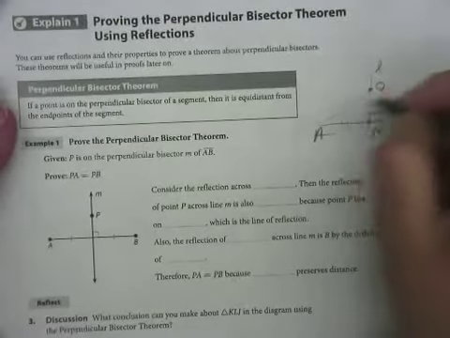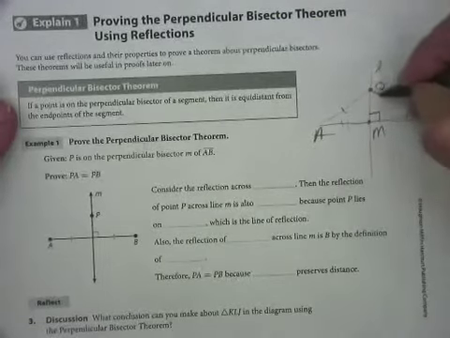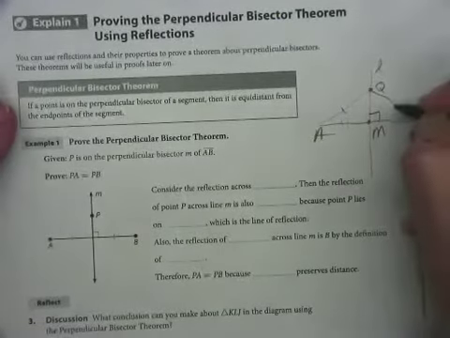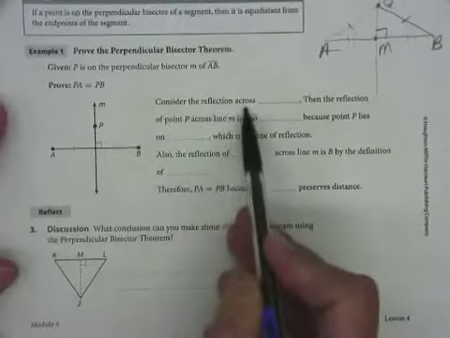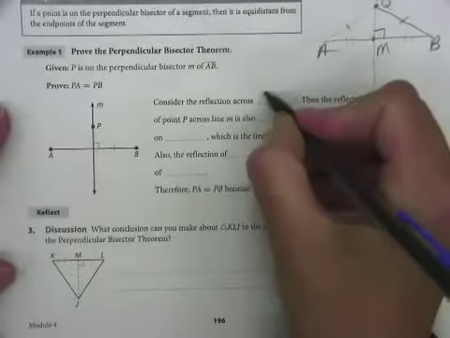But not only that, any point I pick on line L, let's say I pick this random point Q, I know that QA will be congruent to QB. And that's what I mean when I say any point on this perpendicular bisector will be equidistant from the endpoints.